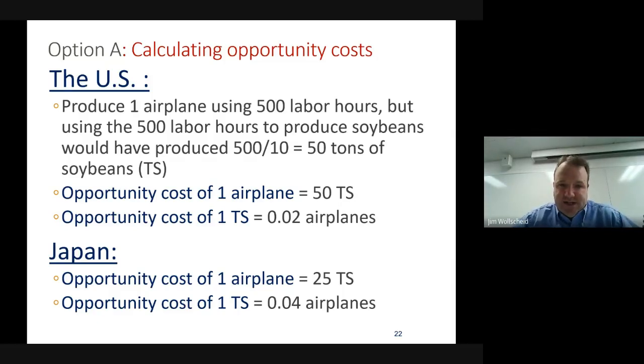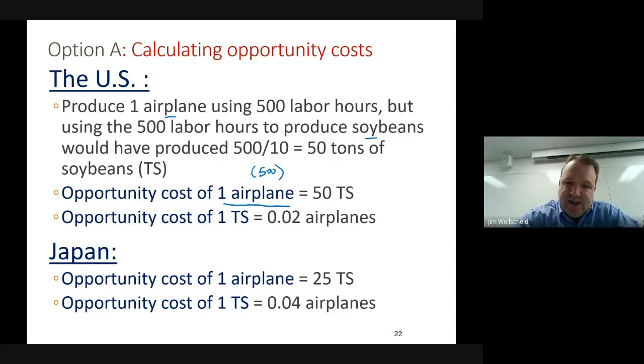So let's start with the United States. And when we talk about opportunity cost, we do not talk about dollars and cents. We talk about what we give up. And here, since we have no dollars and cents because we don't need them, all we have are airplanes and soybeans. So if I decide as the United States to produce airplanes, what am I going to give up? So if I put all the labor hours needed to make one airplane, 500, what could I have done with those 500 labor hours?